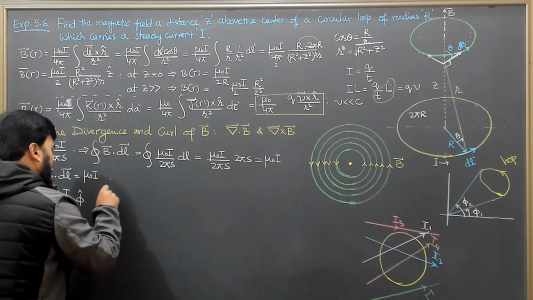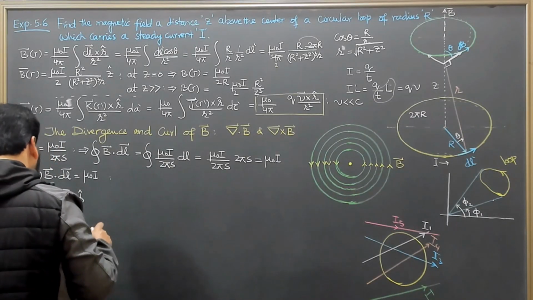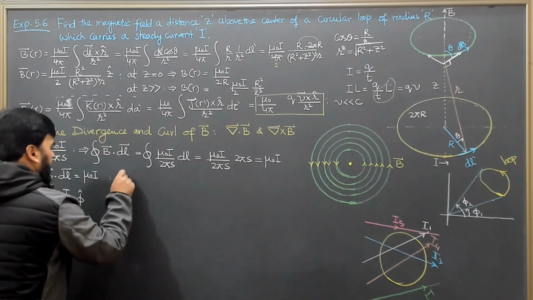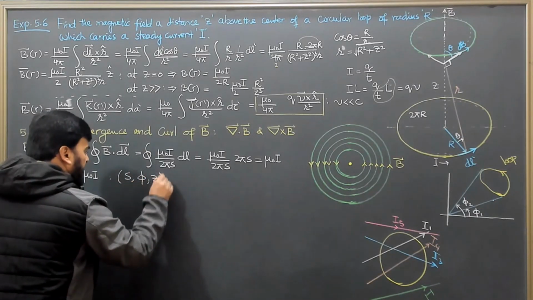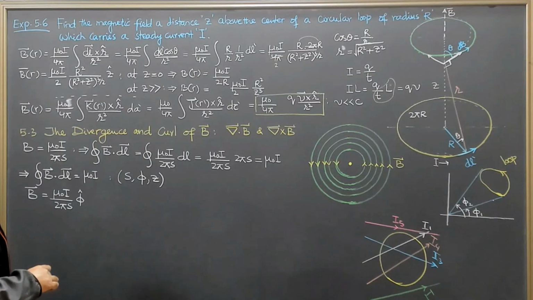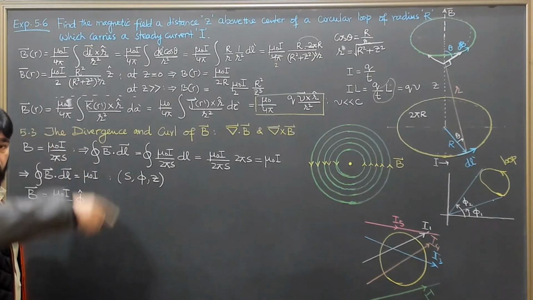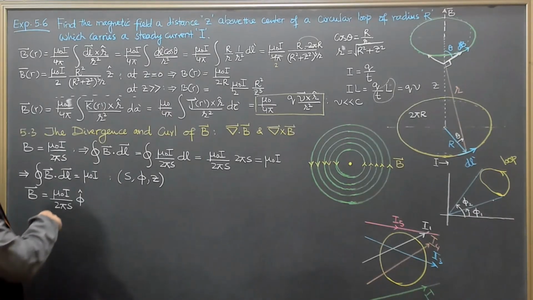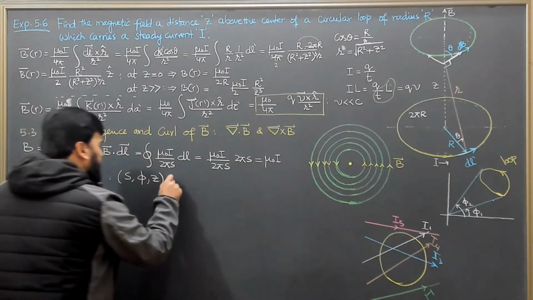Because for a cylindrical system, I know that our coordinates are s, phi, and z. This is for a cylinder, and the coordinate that goes around is phi. So B is in the phi unit vector here. And what about the dl here?